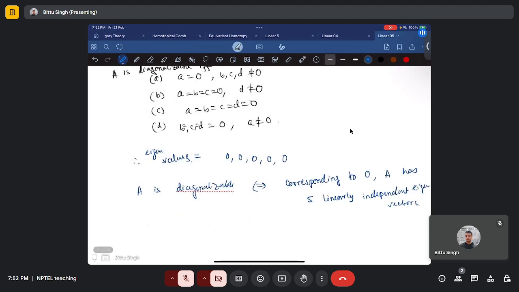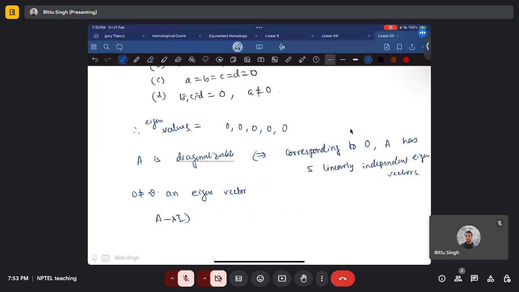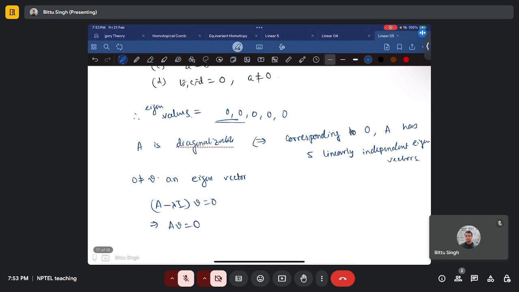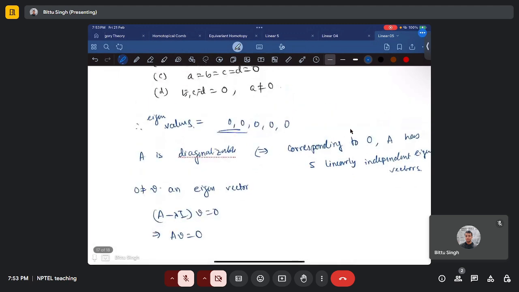That means if V is an eigenvector, then A minus lambda I times V equal to 0, but here the value of lambda is 0, that is A minus 0 I times V equal to 0, that is A times V equal to 0.